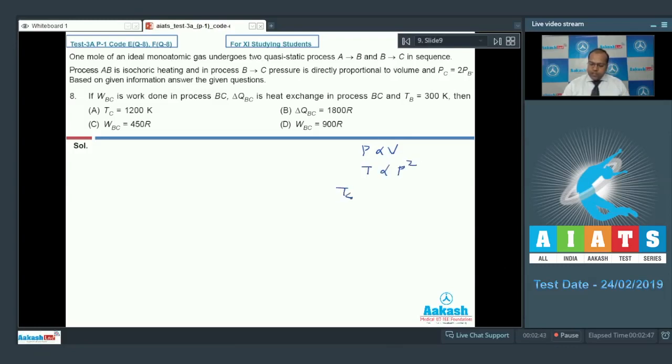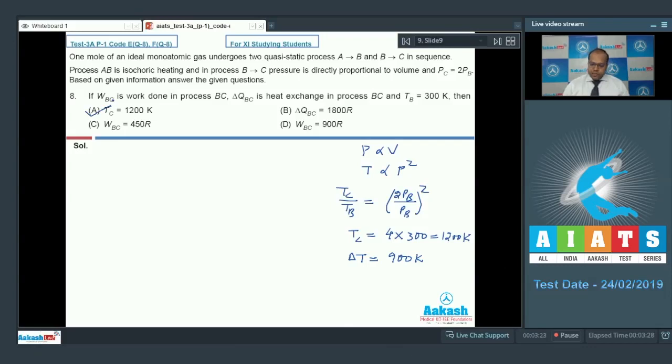So we can say that Tc by Tb is equal to pressure at point C, that is 2 times Pb, divided by Pb whole square. So from here, the temperature at point C is 4 times the temperature at point B, that is 300 Kelvin. If I solve this, it comes out to be 1200 Kelvin. So in the process BC, temperature difference delta T is 1200 minus 300, so it comes out to be 900 Kelvin. So we can see that option A is the correct answer.